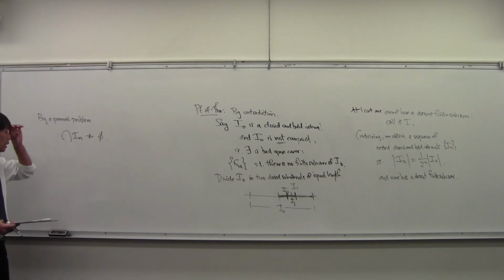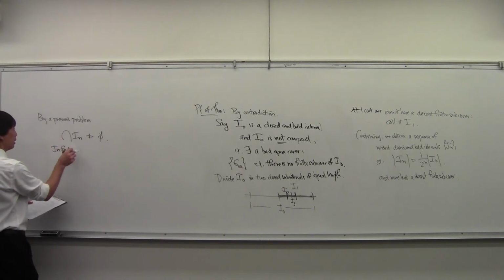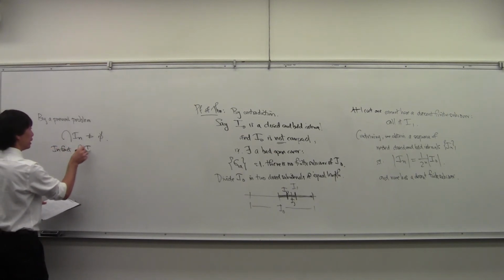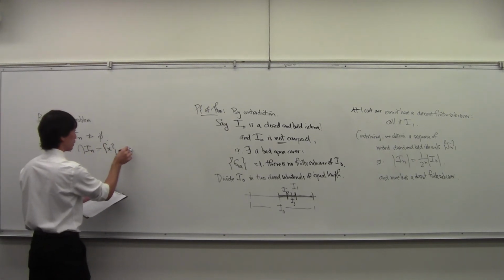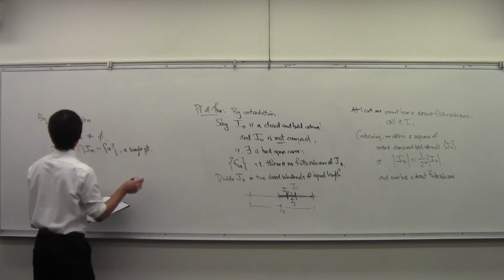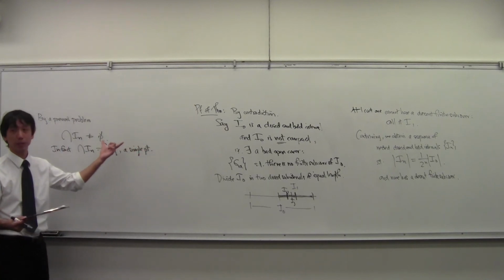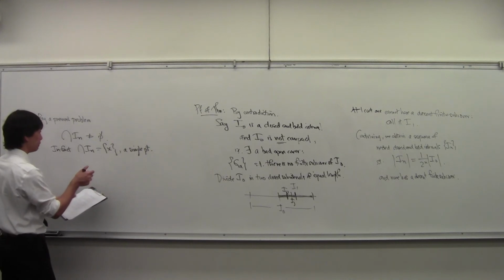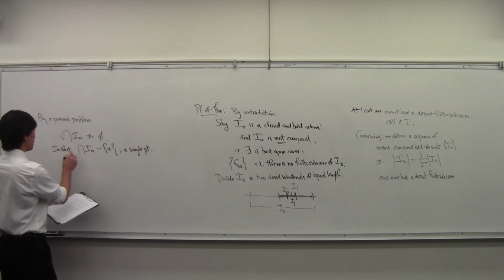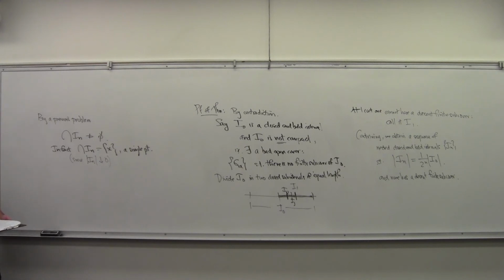The intersection is going to be non-empty, and in fact, it must consist of a single point, x, because the diameter is decreasing, because the size of the intersection shrinks to 0. Since the size of the I_n's goes to 0, it must consist of a single point.